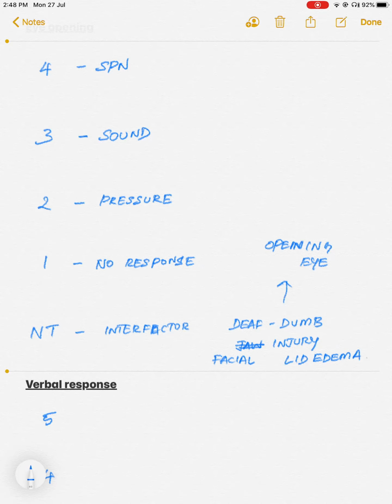If any of these factors is present, we use the term NT, or non-testable. So this is non-testable.